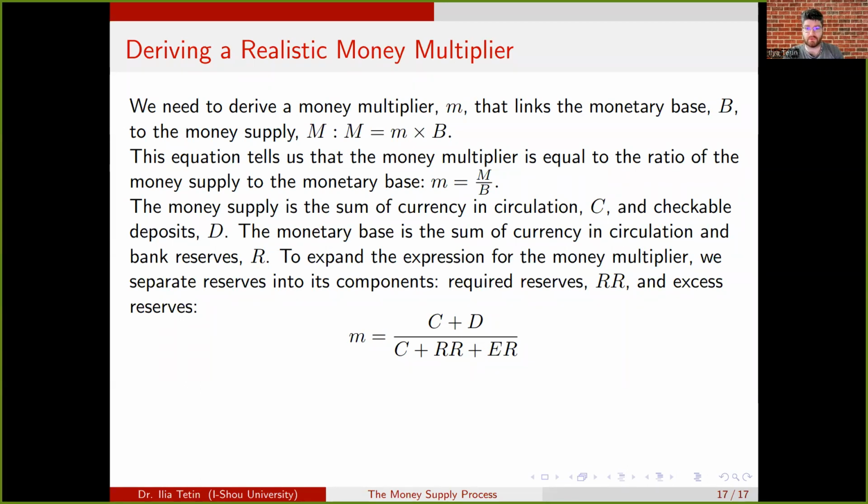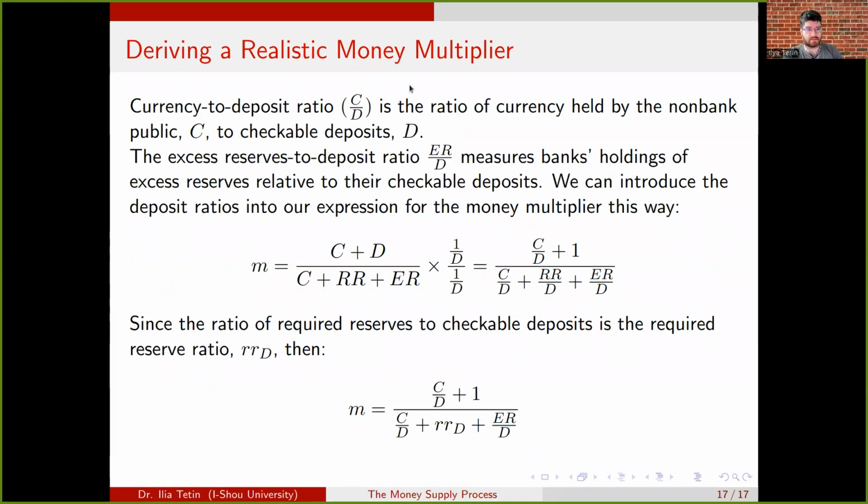We want to include this relation C over D, the currency to deposit ratio. That measures the non-bank public's holdings of currency relative to the holdings of checkable deposits. And the excess reserves to deposit ratio is ER over D.